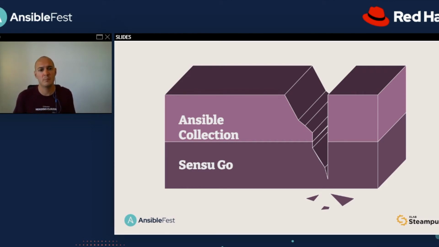For example, if you are a Sensu Go collection user and something goes wrong, you can report a bug to us, the collection developers of Sensu Go, and we'll help you determine where exactly the bug is, and we'll make sure that it gets solved. So, in other words, no matter how deep the crack goes, there will be someone who will help you fix the bug that you encountered.